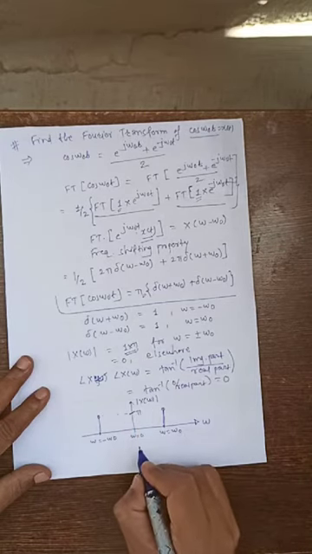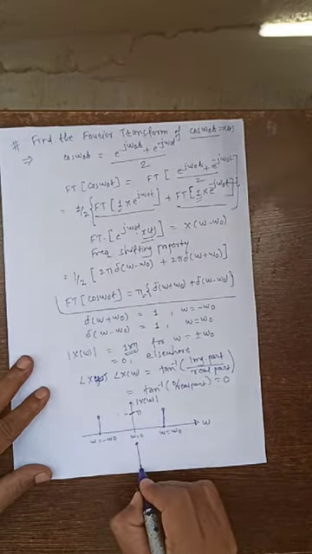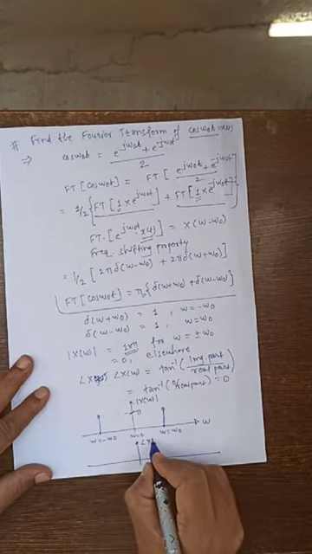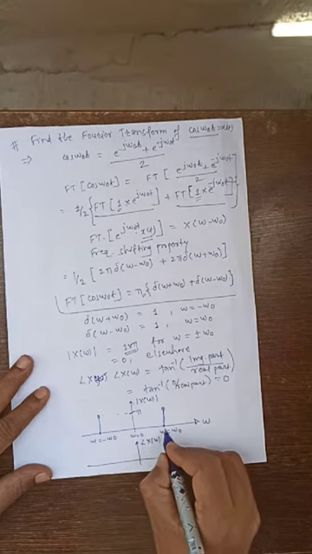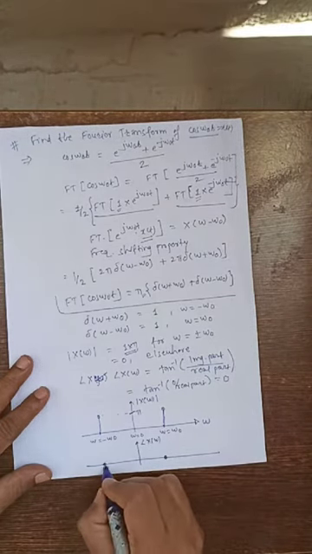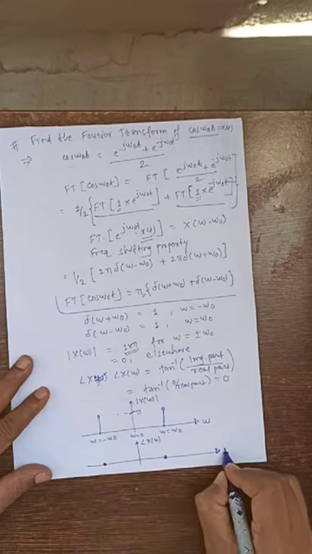Now phase is nothing but the angle of X of omega. So at omega equal to omega naught, it is equal to 0. At omega equal to minus omega naught, it is equal to 0.